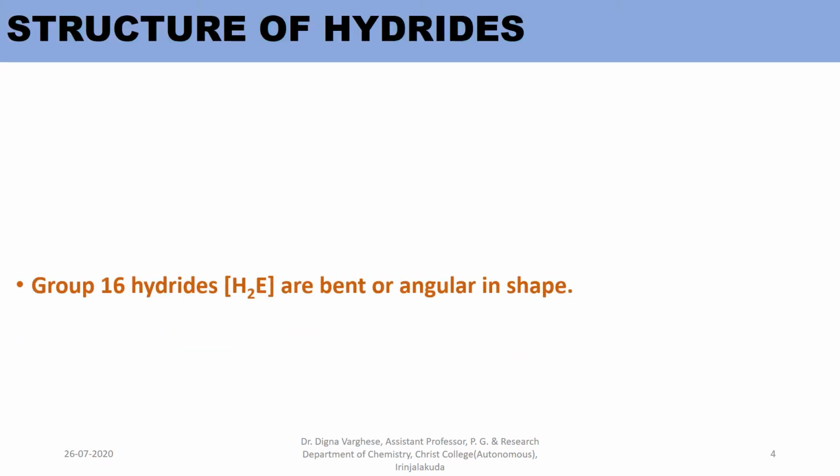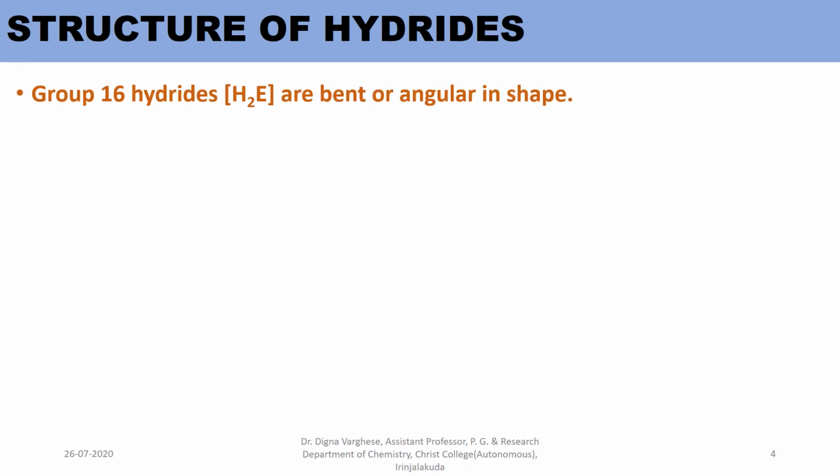Structure of hydrates. The group 16 hydrates H2E are bent or angular in shape. The central atom E in H2E is in the sp3 hybridized state, where E is oxygen, sulfur, selenium, tellurium or polonium.